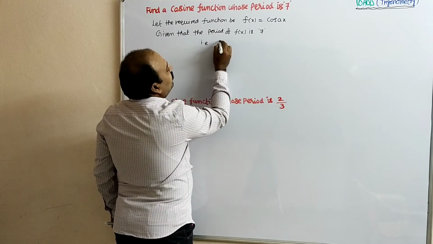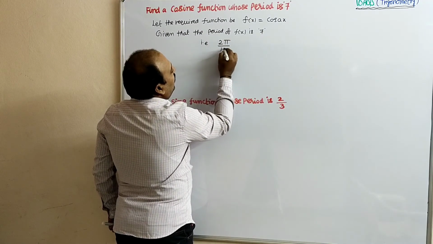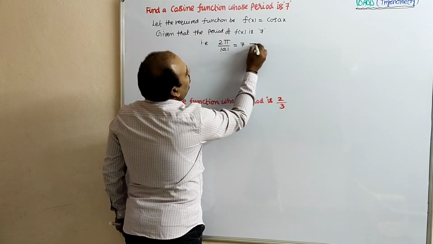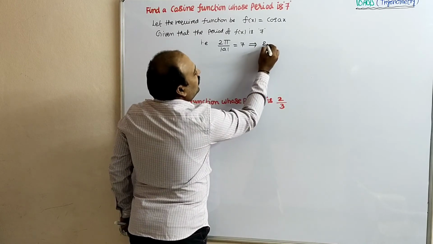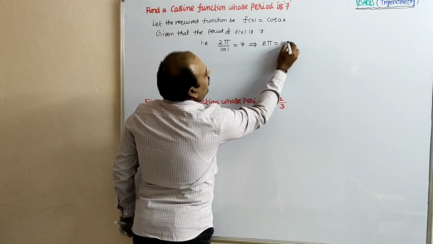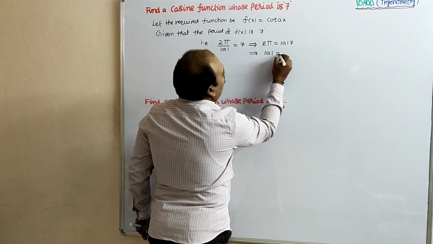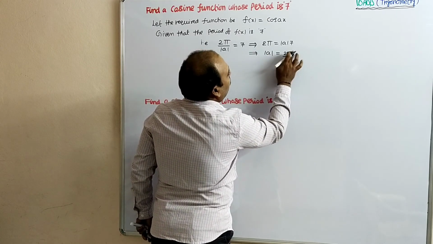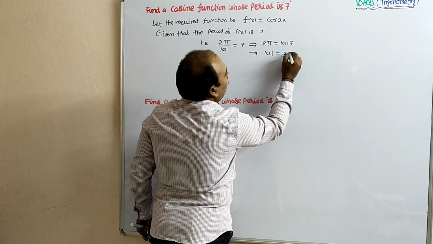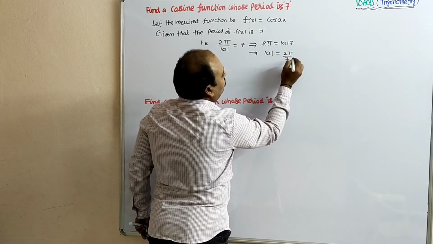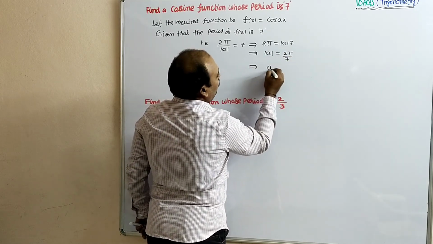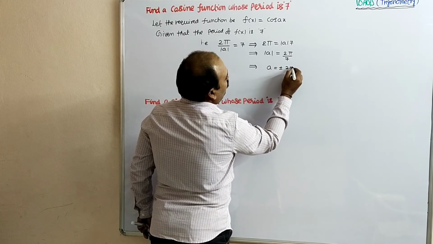That is, 2 pi by mod a is equal to 7. Cross multiply: 2 pi equal to mod a into 7. That implies that mod a equal to 2 pi by 7. That implies a equal to plus or minus 2 pi by 7.